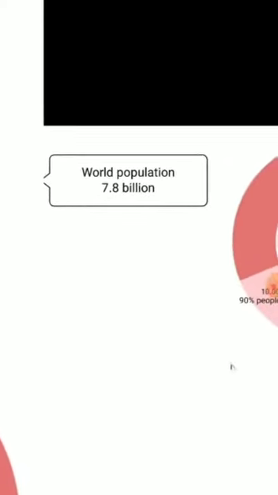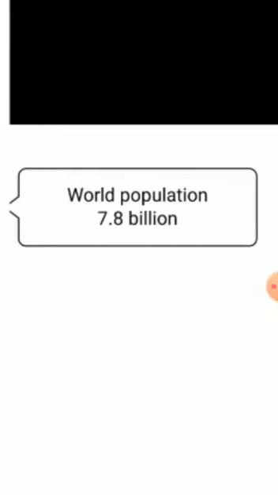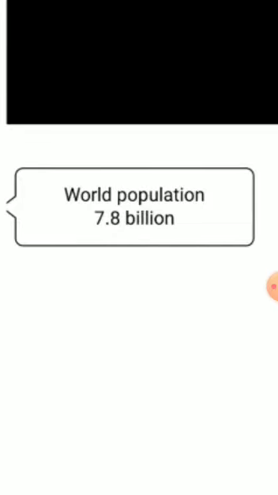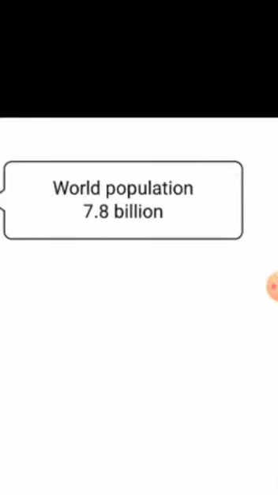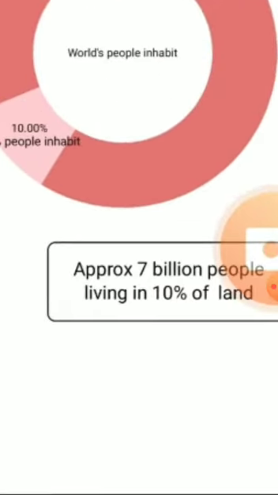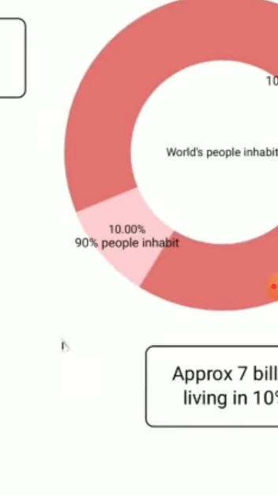Students, do you know? As per the March 2020 record, world population is 7.8 billion. Now you can imagine that approximately 7 billion people are living in just 10% of world's land.